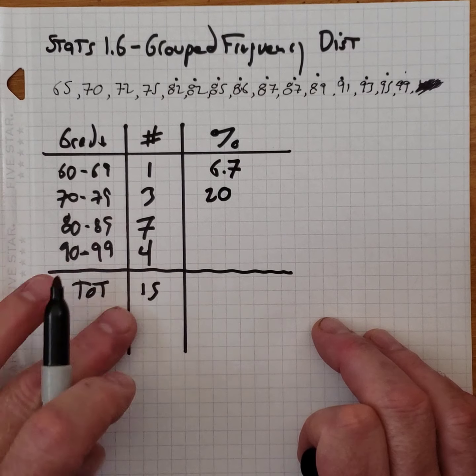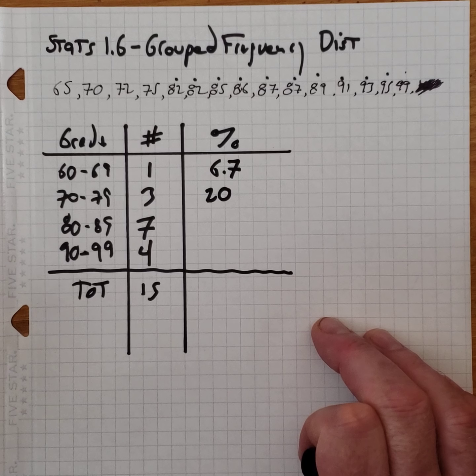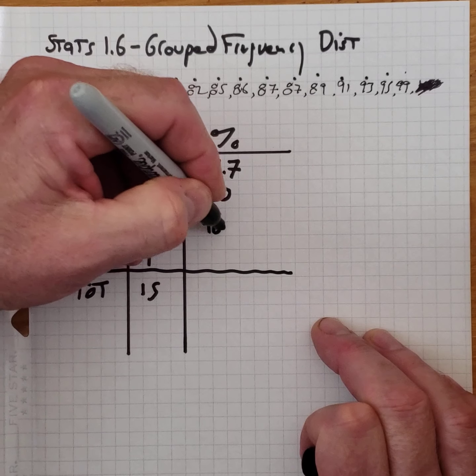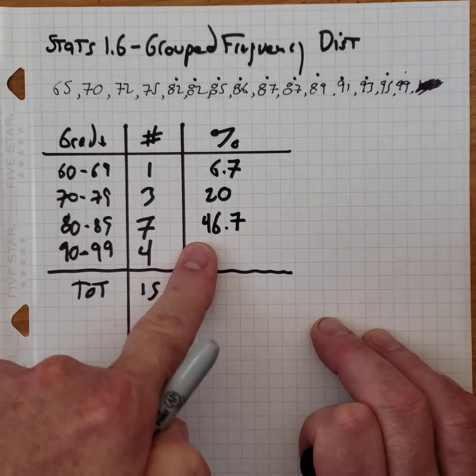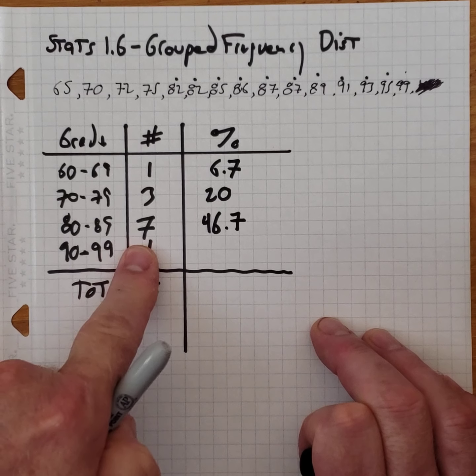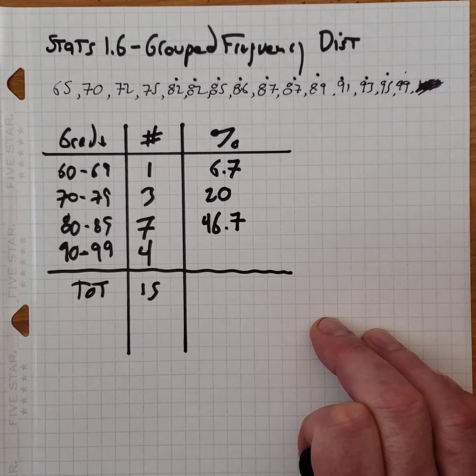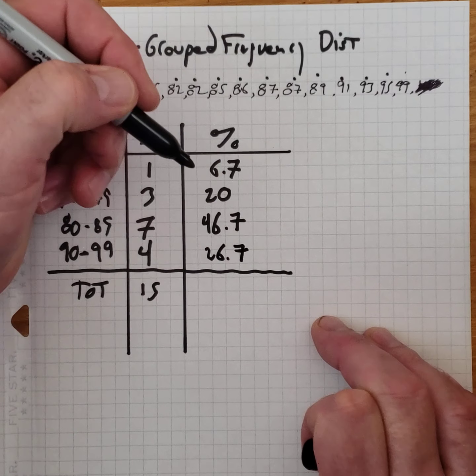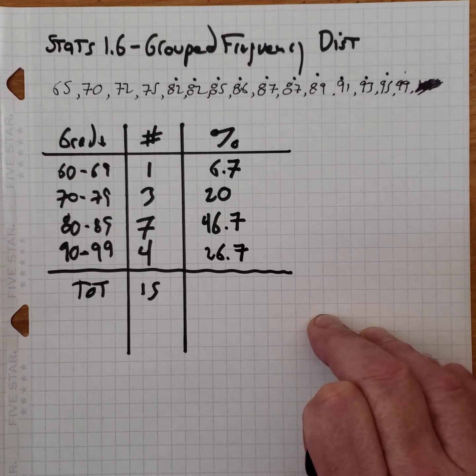It's real easy though, just 7 divided by 15. That'll give us 46.7%, which is almost half of the class. And that seems right, 7 out of 15. And then 4 divided by 15 for the A's gives us 26.7%.